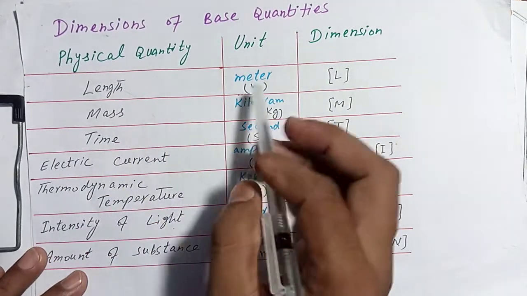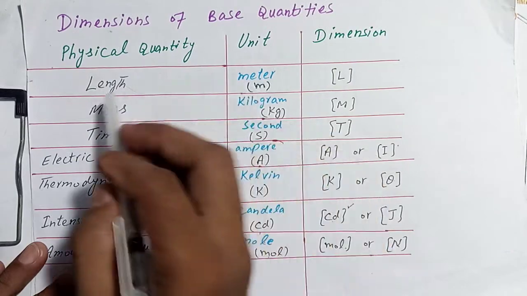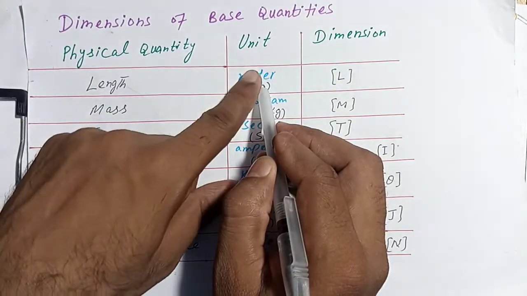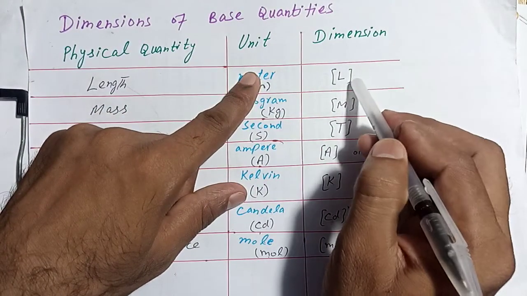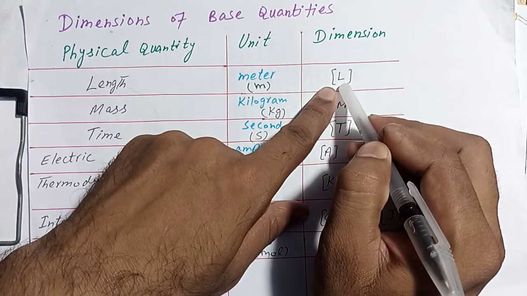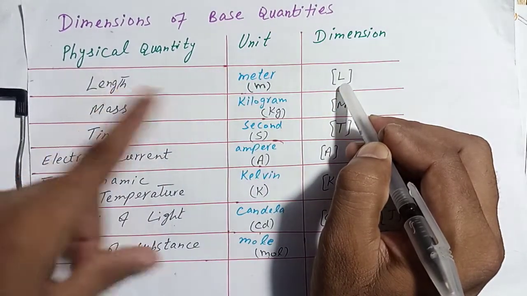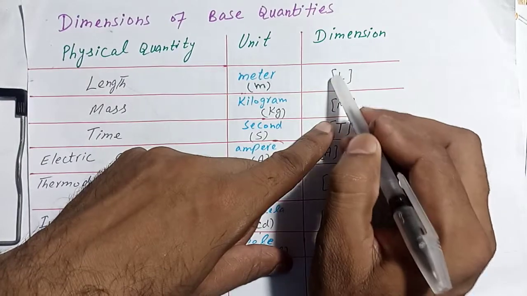Length is measured in meters. SI unit of length is meters and its dimensional symbol is capital L. So dimension of length is written as capital L within square bracket.